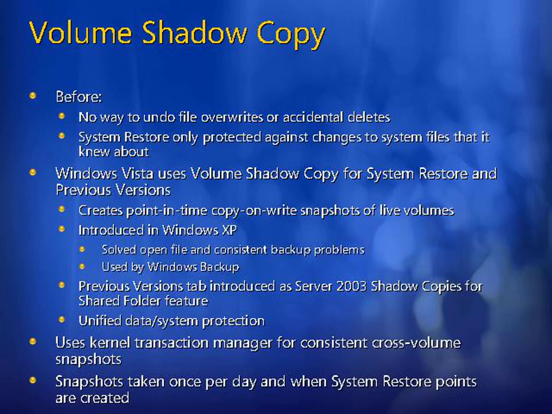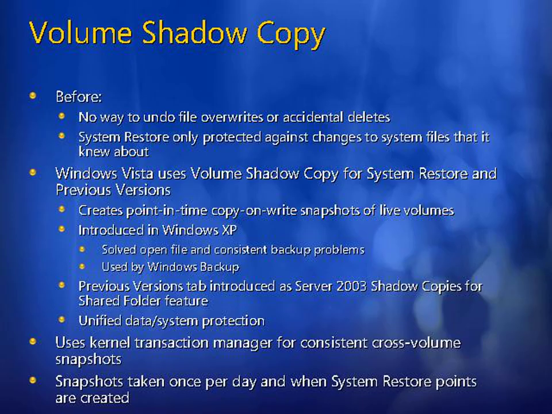Well, in Windows Vista, they've decided to take the volume shadow copy feature further and integrate that into the OS, expose that previous versions tab for the local user of their own volumes. And not only that, they realized, well, Windows XP had this feature called System Restore, which would monitor for changes to system files and then store those in subdirectories associated with a particular point-in-time System Restore point.